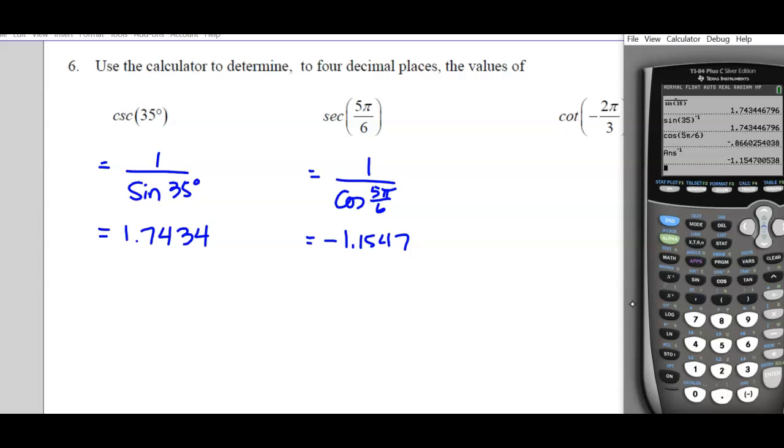Rather than taking a reciprocal of tan a lot, we'll go right to the definition of sine and cos. But for the purposes here, just go 1 divided by tan of negative 2 pi over 3. Notice how even though I have the fraction capability, for something like that it's just faster to put it in as a division statement.